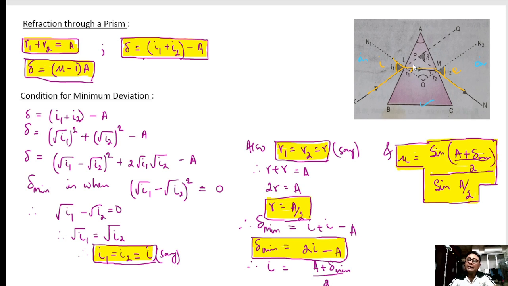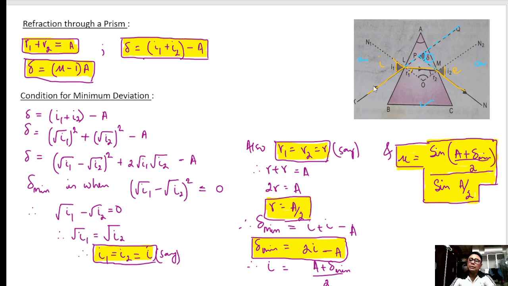So if I draw the incident ray along its original direction, and the emergent ray, if I produce back, I will see that the ray has suffered an angle of deviation this much, sigma.